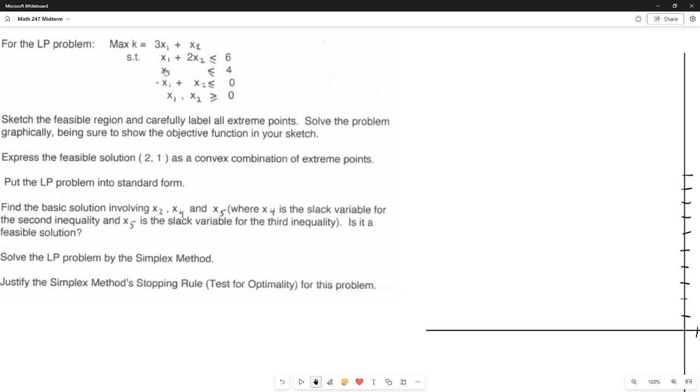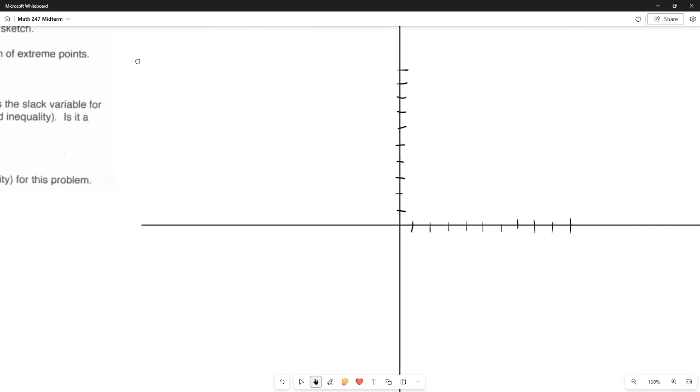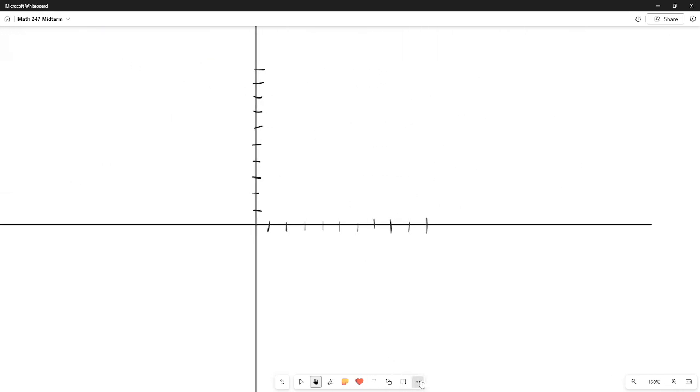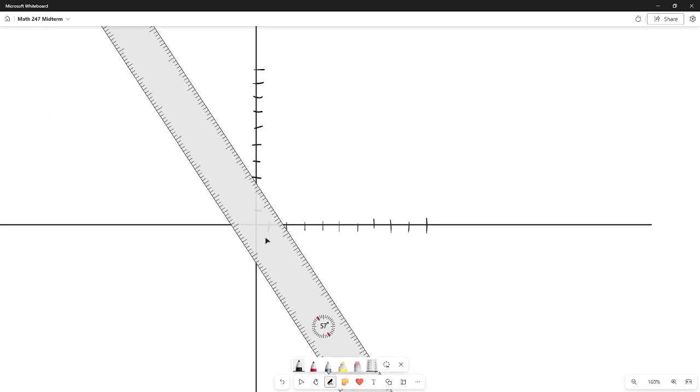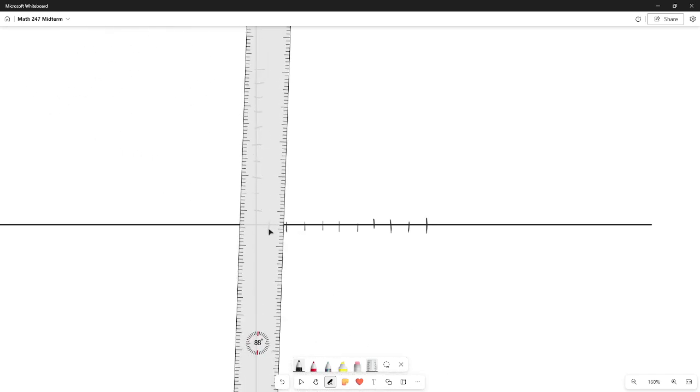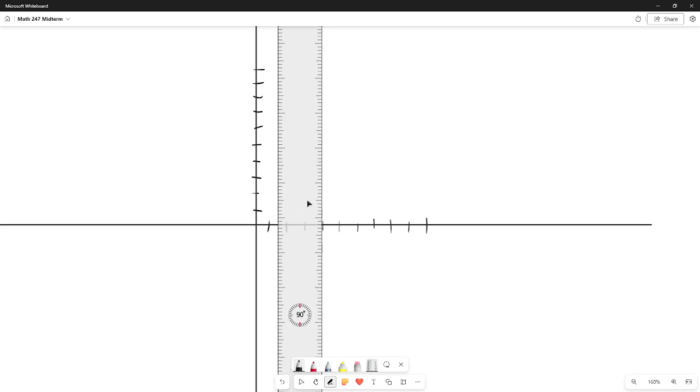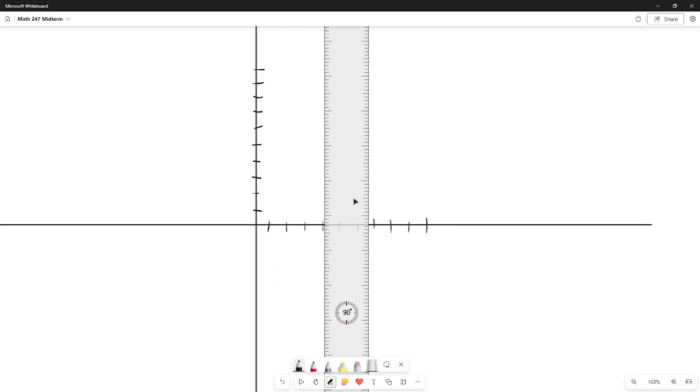Obviously, the easiest one would be x1 is less than or equal to 4, right? So we're going to go to x1, and we're going to set the value equal to 4. So 1, 2, 3, 4. So right here. And we're going to draw that line.